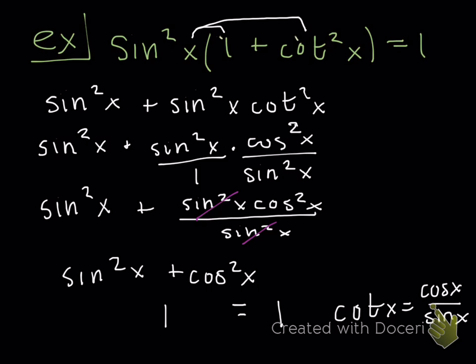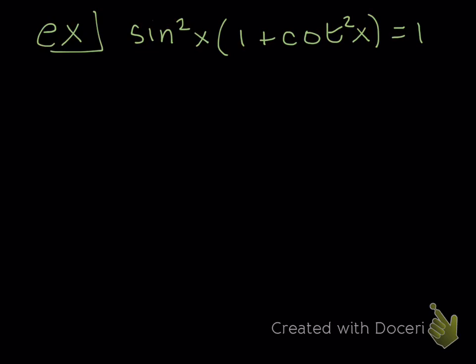I'm going to do this same problem one more time just to show you a different way. Again, I have sine squared of x times the quantity of 1 plus cotangent squared of x equals 1. Some of you might be thinking, I was looking at my Pythagorean identities and I noticed that 1 plus cotangent squared of x is equal to cosecant squared. You are right, so I can replace that with cosecant squared.